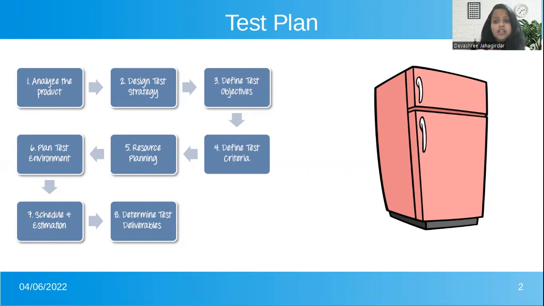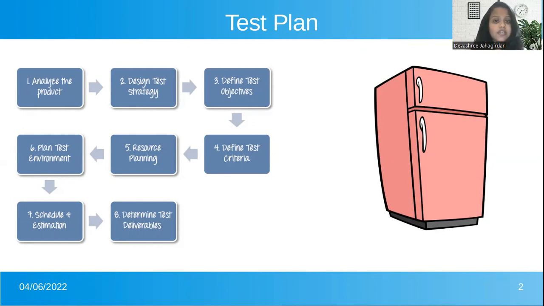Here we are taking the example of a refrigerator. Analyzing means who will be using this product, what kind of users, where it will be used, and what the functionality of the product will be. So analyzing the product is to determine its usage and its functionality.